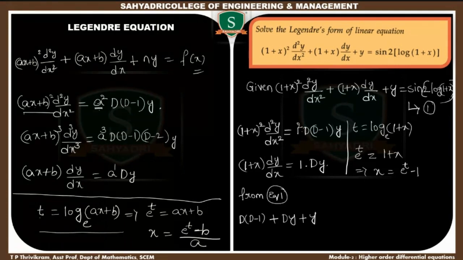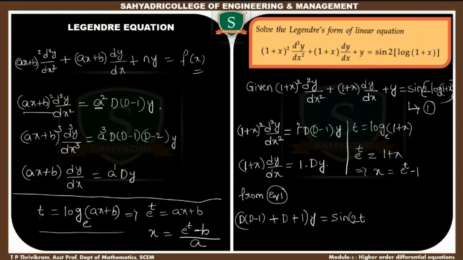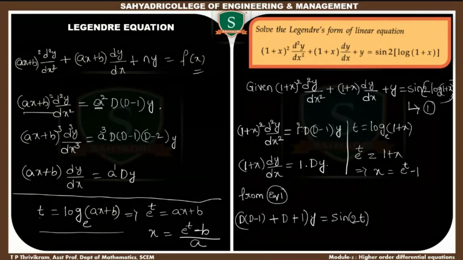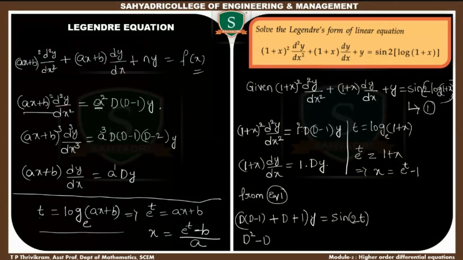Here I am taking y common, plus 1 into y is equal to sine of 2 into log of 1 plus x. Log of 1 plus x is t, so I can write it as 2t. Okay. Now do the simplification here. How much will we get? d square minus d plus d plus 1 into y equal to sine 2t. Okay.